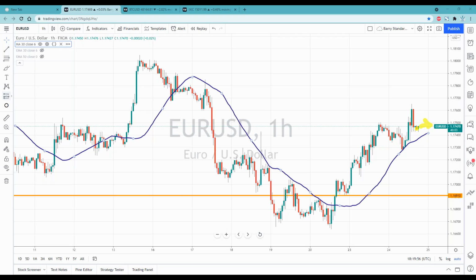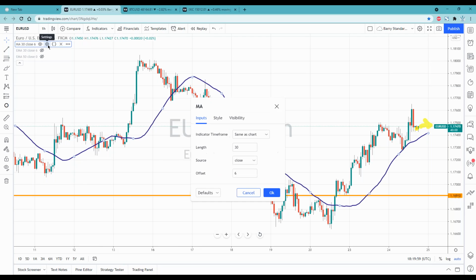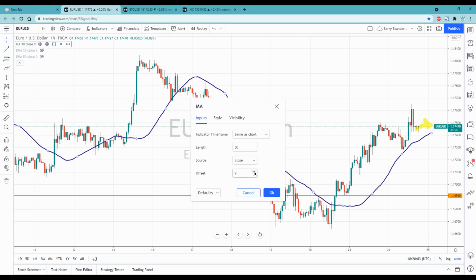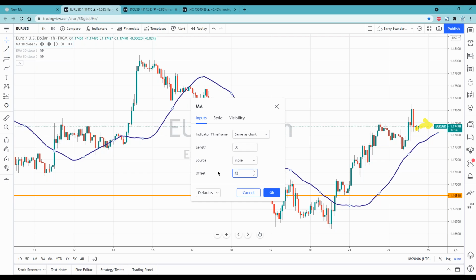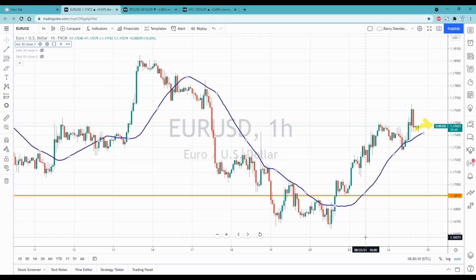And it doesn't throw your charts out of whack. It's not a new formula. And it gives you a lot better response.